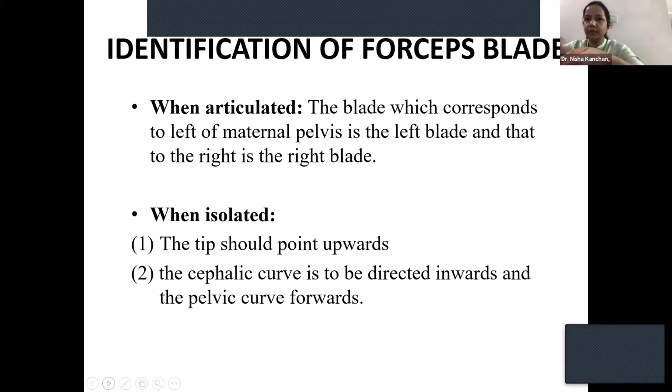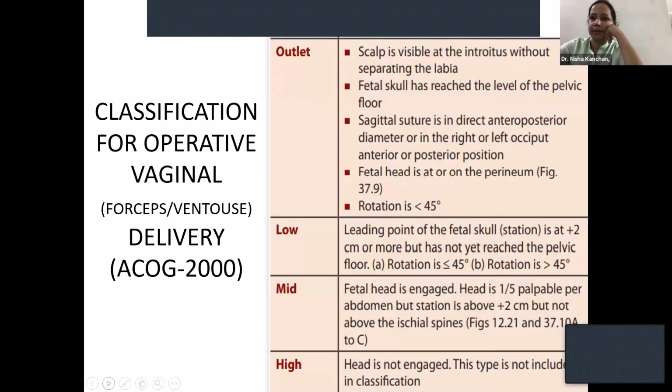You hold the left blade first. On top of that, you take the right blade and you articulate it. When isolated, the tip should point upwards. The tip is the toe. So the pelvic curve, the tip should be outwards. The cephalic curve is inwards. Don't hold it in such a way that the cephalic curve is pointing outwards and the pelvic curve is forwards. So that is how you know it is the forceps blade.